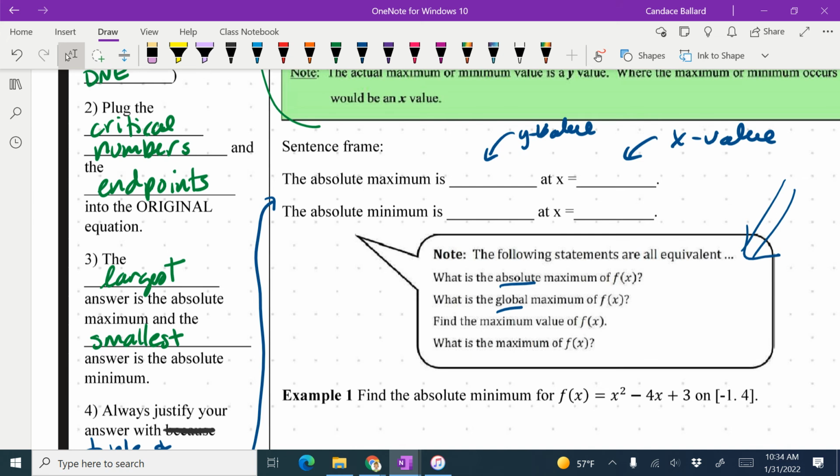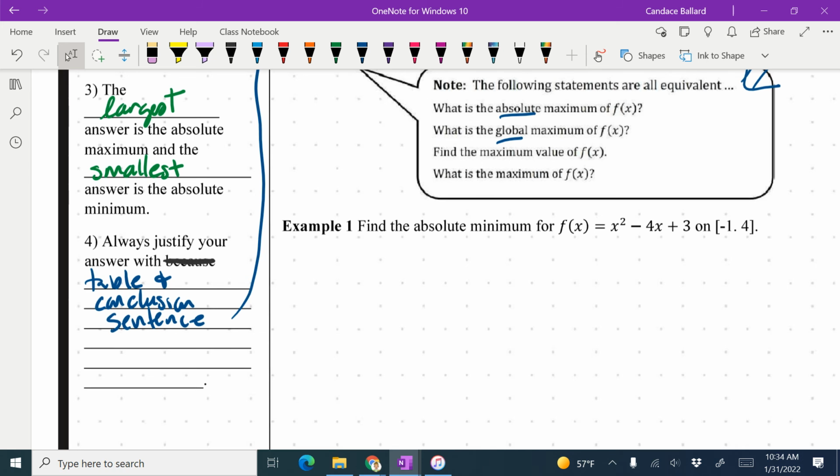They can also just drop that word absolute and that word global and just say, find the maximum or what is the maximum. When they say that, they're talking absolute. If it's a relative, they will always say relative. So absolute is either nothing or the word absolute. Relative is always relative max, relative min.